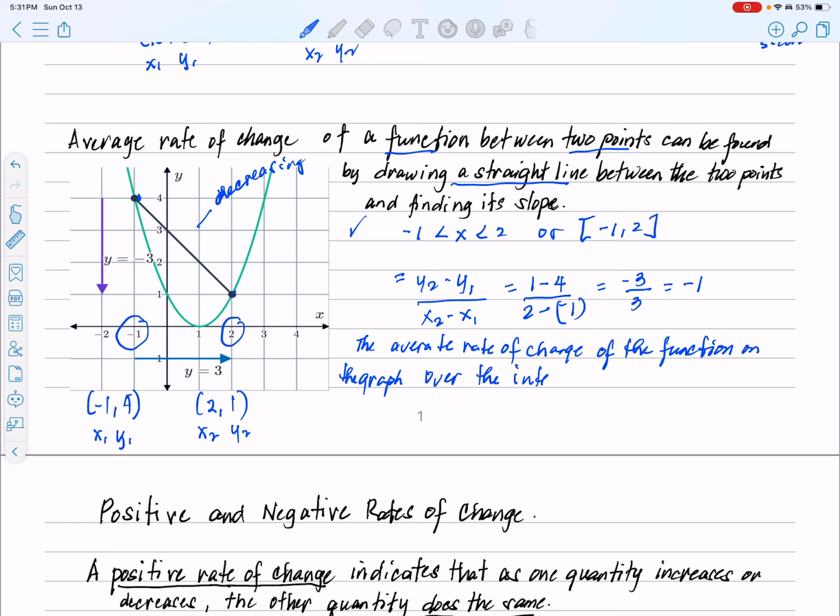So what interval could that be? We could use the interval symbol of -1, 2, is equal to -1.